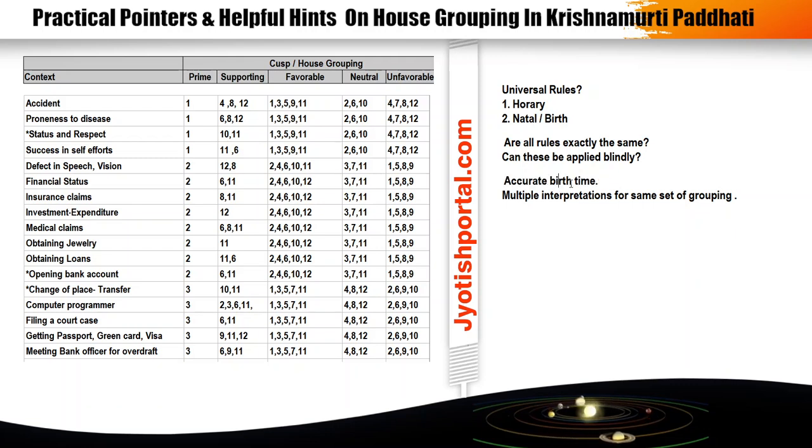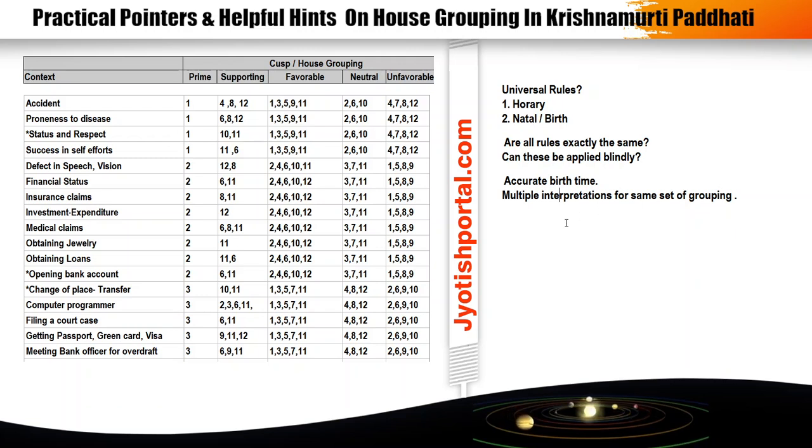There is another issue, and that is the same set of groupings indicating multiple results, and this happens in the natal or birth horoscope. This problem I'm going to explain in a separate video. So the birth time plus this problem are very unique to the birth horoscope, and for this reason you will find that blindly porting the horary rules to the KP natal is a challenging task.